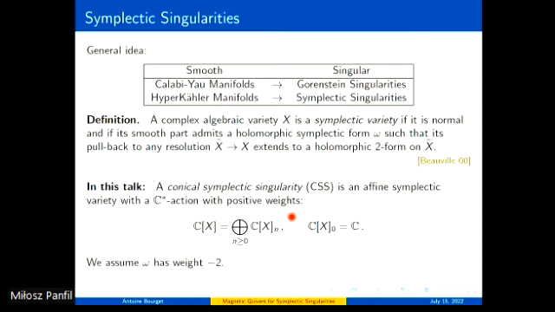And the fact that it's conical means that the zeroth part is just trivial, it's just one dimension. And the fact that it's compatible with the symplectic structure means that the symplectic form has a given weight, which I take to be -2. And this is important because then it means that the -2 part here, the n equal 2 part here closes and forms a Lie algebra, which is the global symmetry of the space.